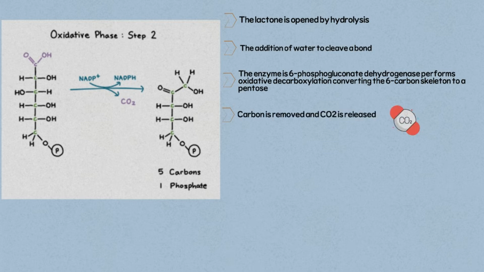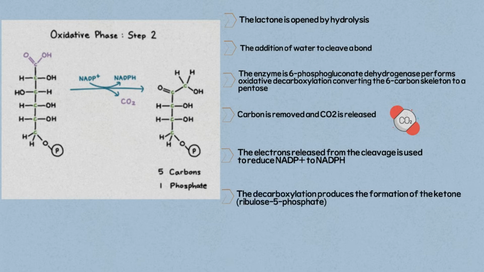A carbon is removed and released as CO2. The electrons released from the cleavage are used to reduce NADP plus to NADPH. The decarboxylation produces the formation of a ketone, which is ribulose 5-phosphate.